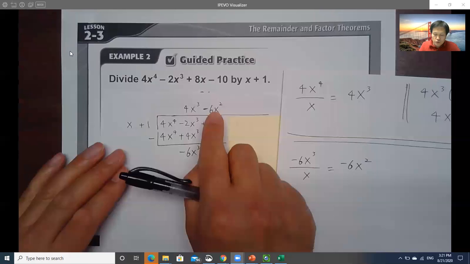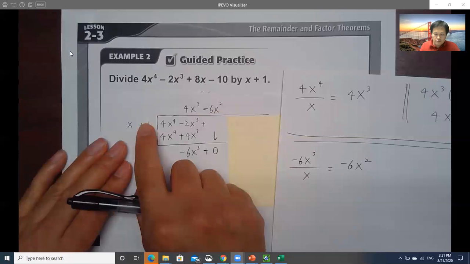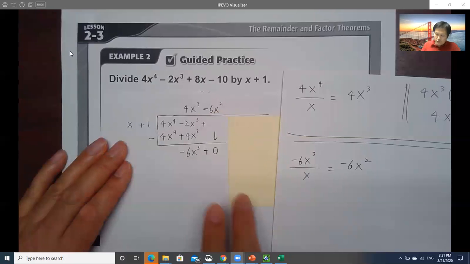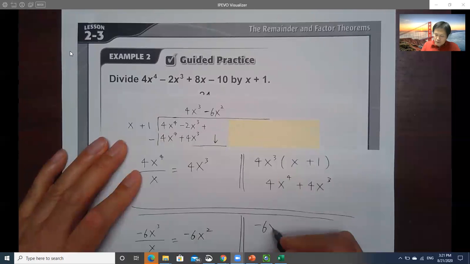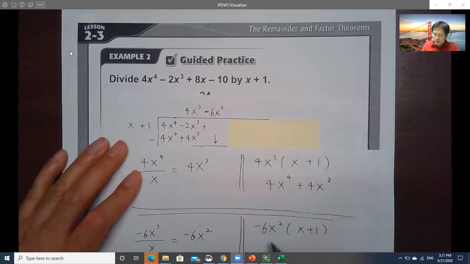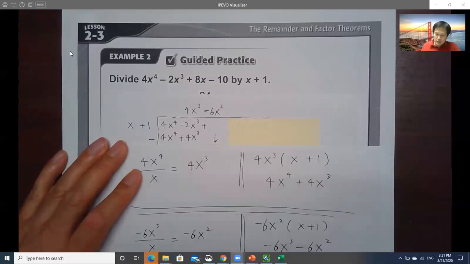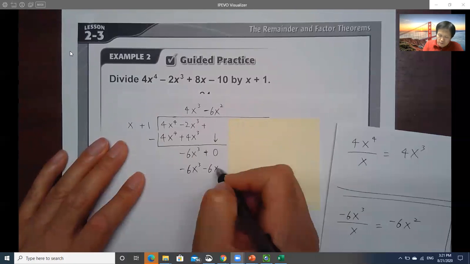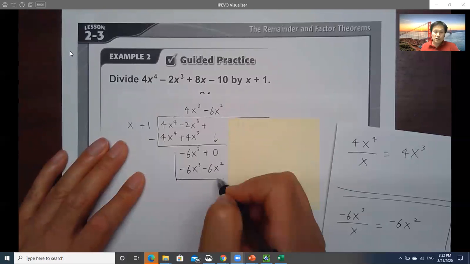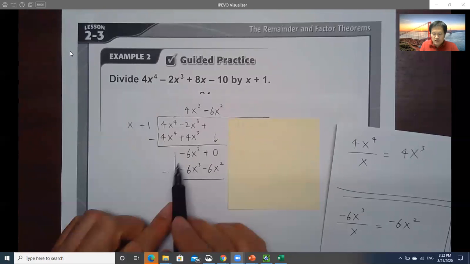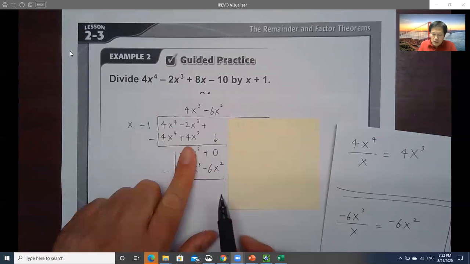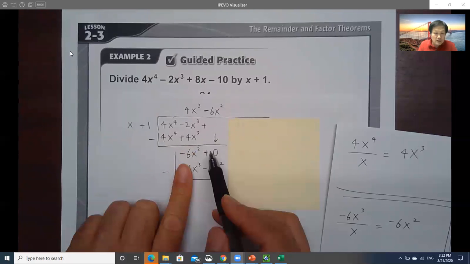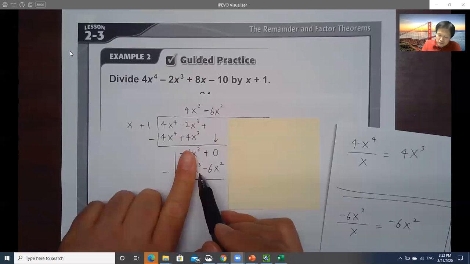Then you have to distribute, write it down. If you need to do that on a separate piece of paper, do that. Distribute, minus 6x cubic, minus 6x squared. Put an L shape, you're subtracting. Minus 6 plus 6, they disappear. 0 minus is positive. So positive 6x squared.